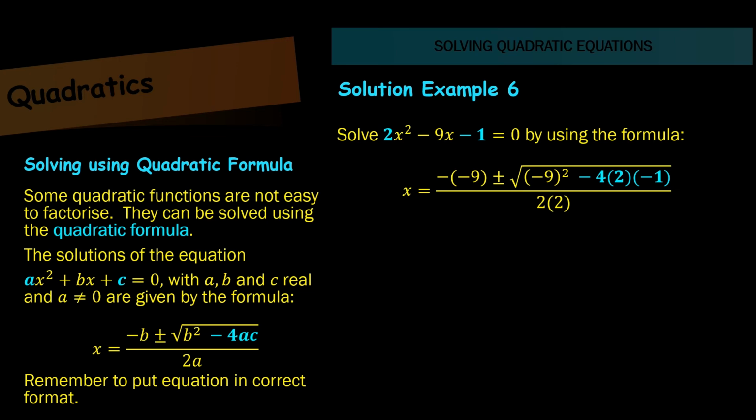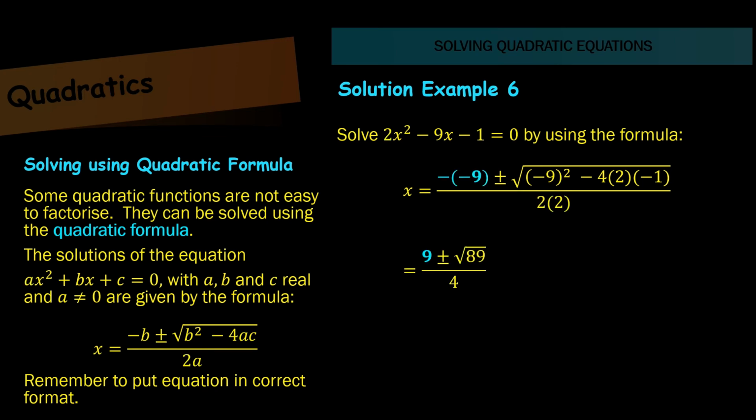And 2A is equal to 2 times 2. Now we start to tidy up. Minus minus 9 is plus 9, and the bit inside the square root is 89, all over 4.